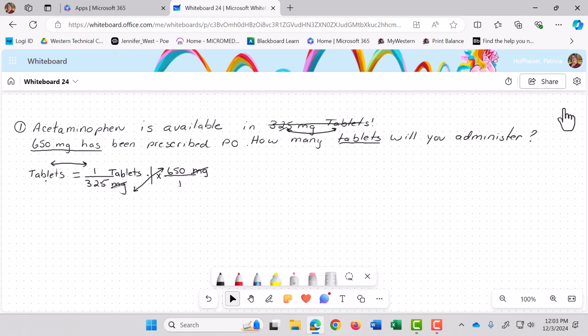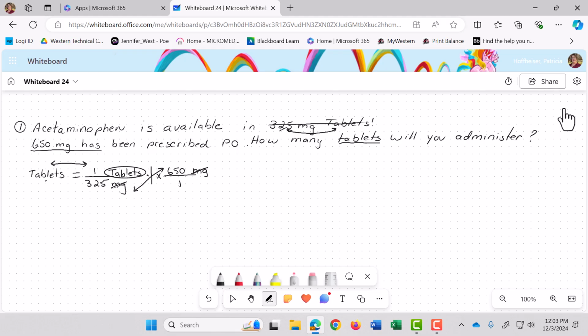So dimensional analysis is all based on units of measure. If you have milligrams on the bottom here, you can cross out milligrams on the top here. And what remains? Tablets. And tablets is what you're seeking.